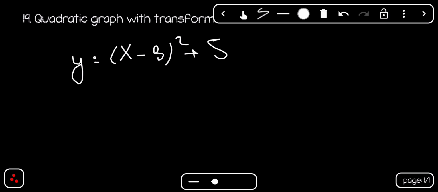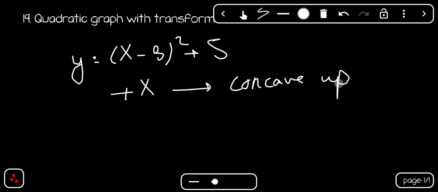Here you can see that we have positive x squared, so it is concave up, and it opens upward.